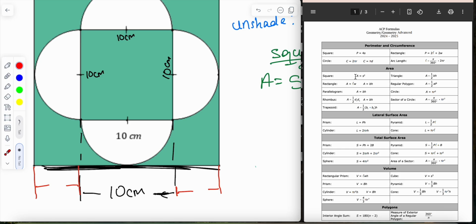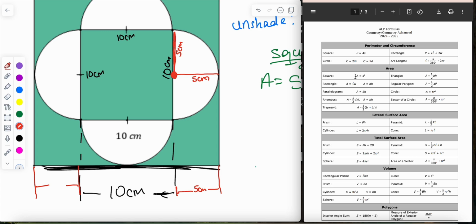If this is the center, the segment that goes from the center to the circumference would be the radius. So the radius would then have to be 5. So this part has to be 5 centimeters. Now, if the radius goes from the center to the circumference, therefore this is also a radius, 5 centimeters.